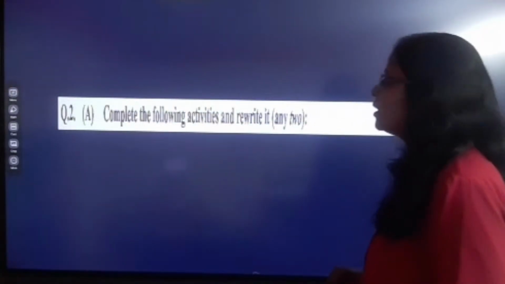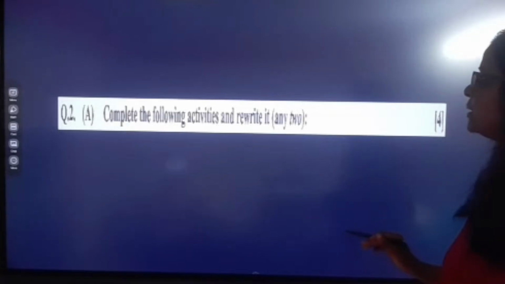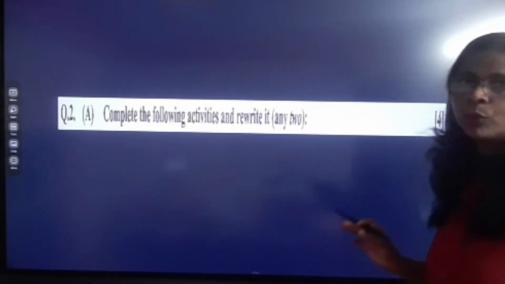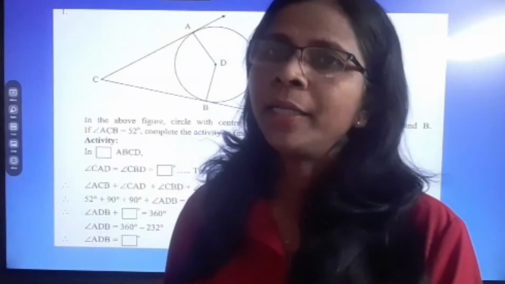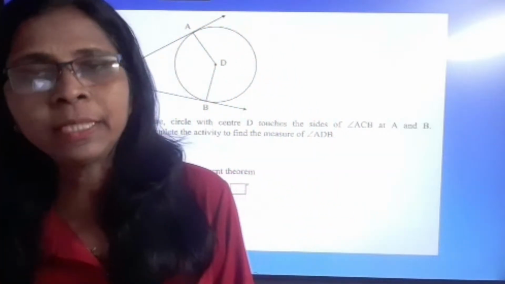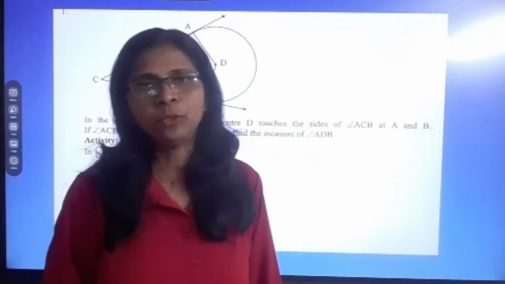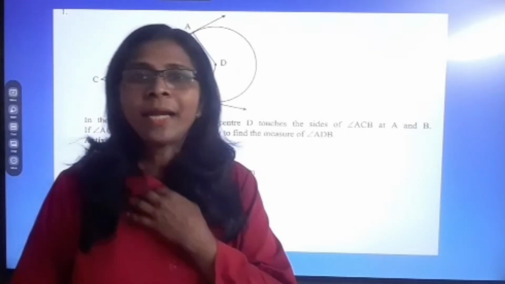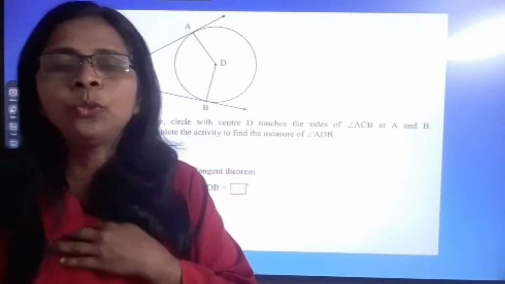The instruction is: complete the following activities and rewrite any two, and the mark is 4. So now here we have to complete only two activities. The given activities are 3, but we have to solve two activities. Okay, activity based paper.